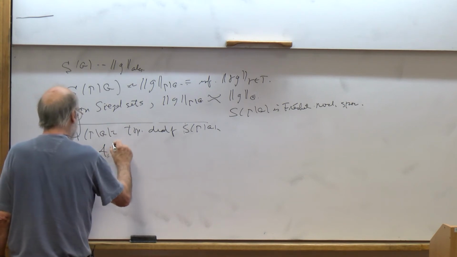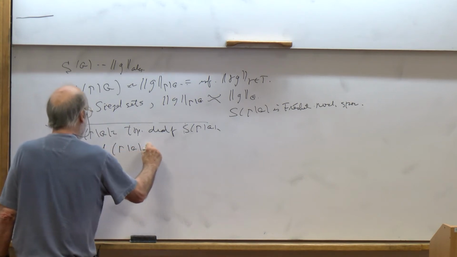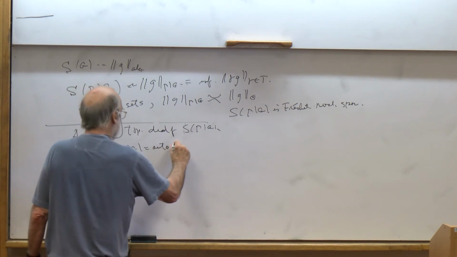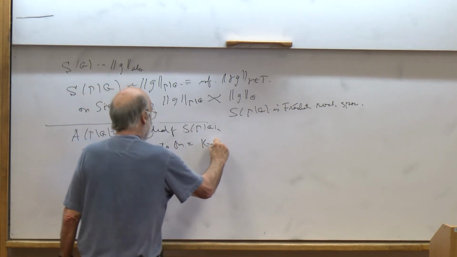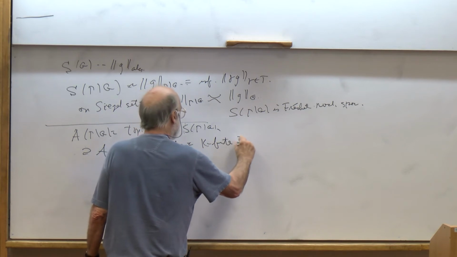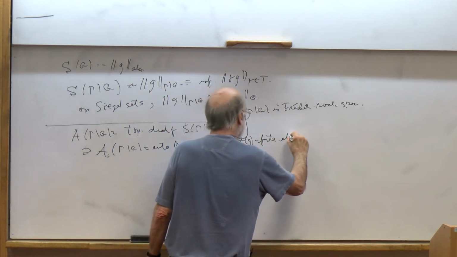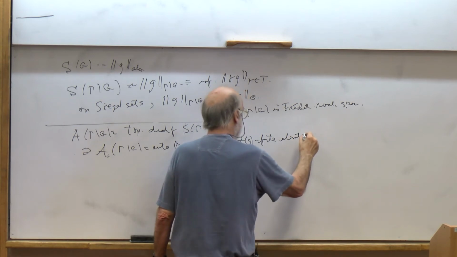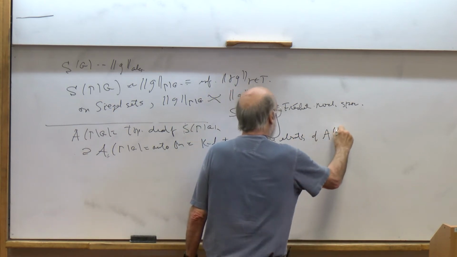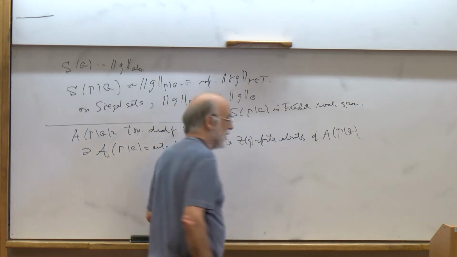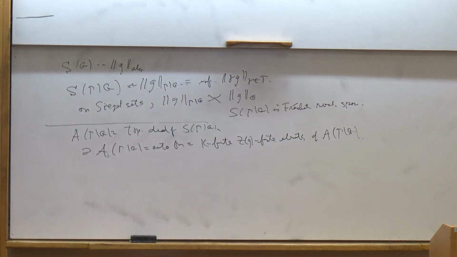Well, it contains many spaces, but it contains the space of automorphic forms. And these are the K-finite, Z(g)-finite elements. You don't even have to assume they're functions, they're distributions. And so the automorphic forms are just the K-finite, Z(g)-finite tempered distributions.